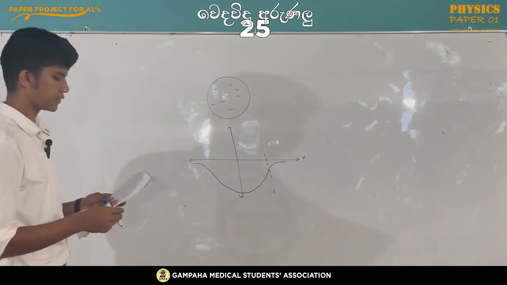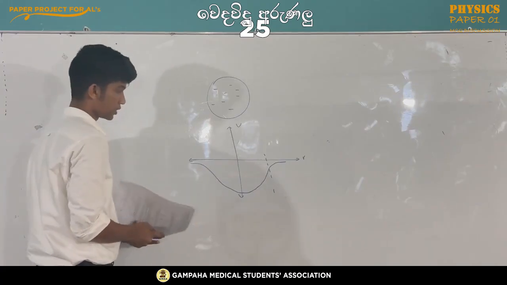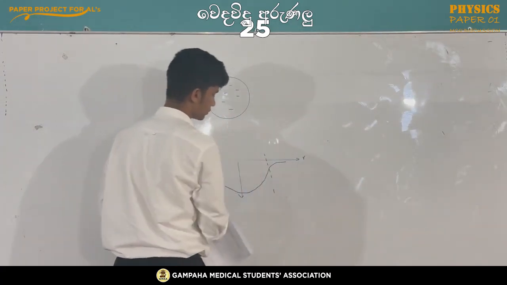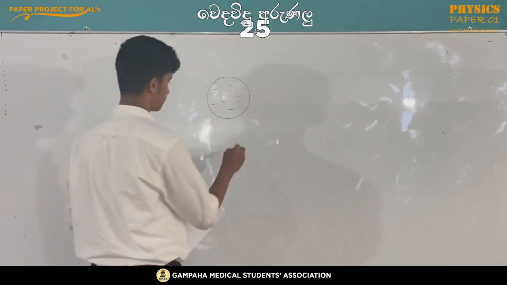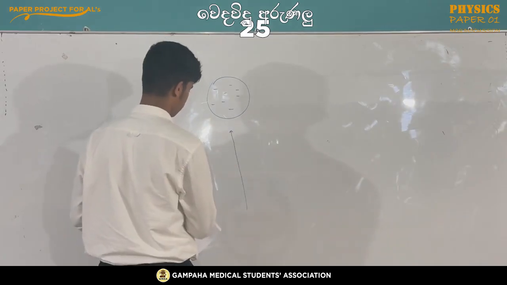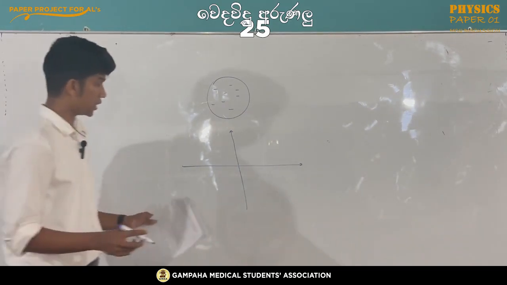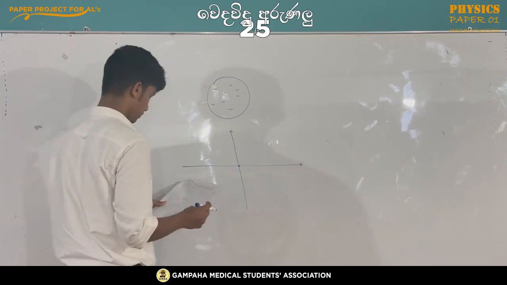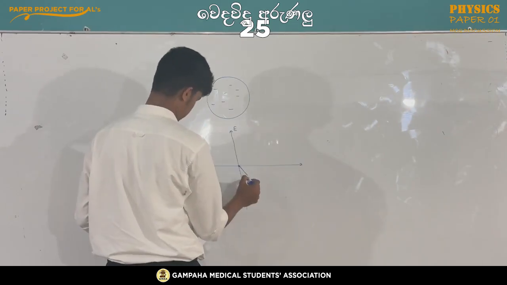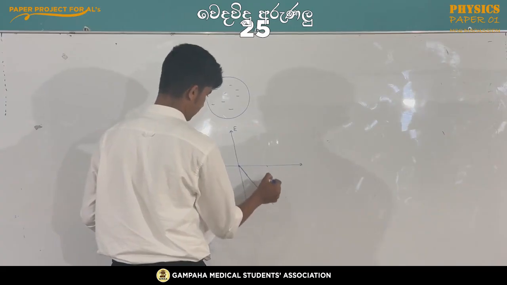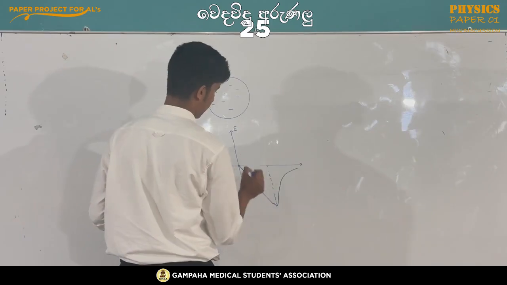This is the electric potential graph. Now looking at the electric field strength, at the center the strength of the electric field is 0, and as you move towards the right side, it gradually becomes more negative, and then beyond the radius it starts becoming less negative, and it is not linear.